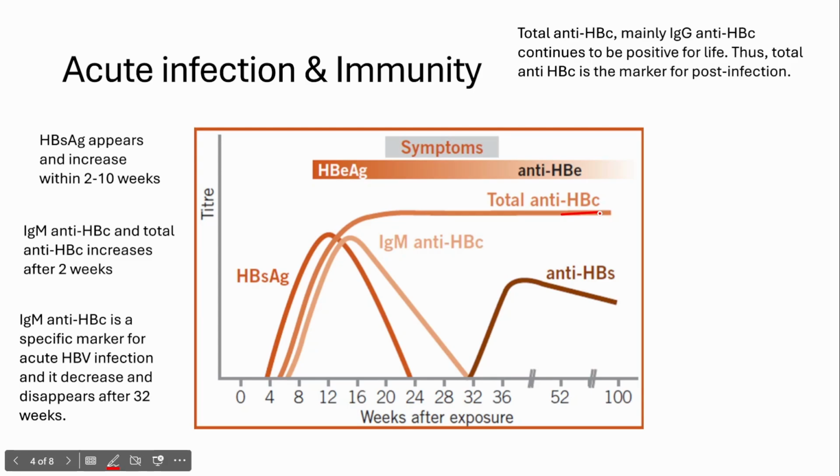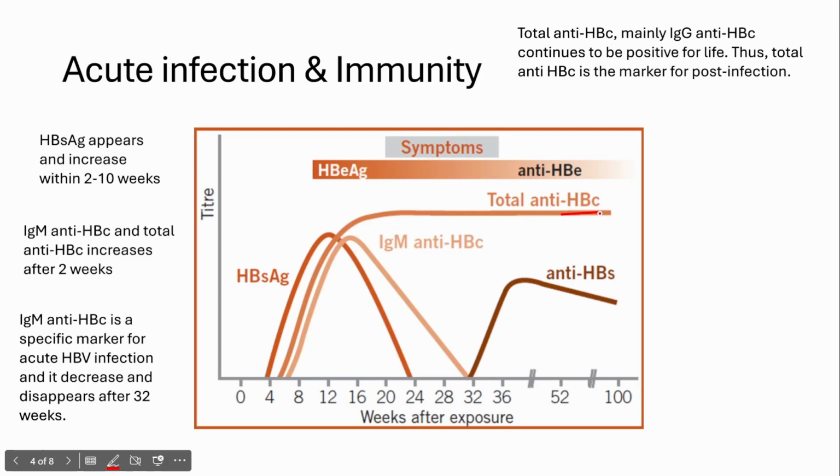Now, this was the acute infection in which hepatitis B surface antigen levels increased and then dropped to zero, and the IgM levels also decreased, whereas the IgG levels persisted. Now, when a person gets immune to that acute infection, they will start making anti hepatitis B surface antibodies.